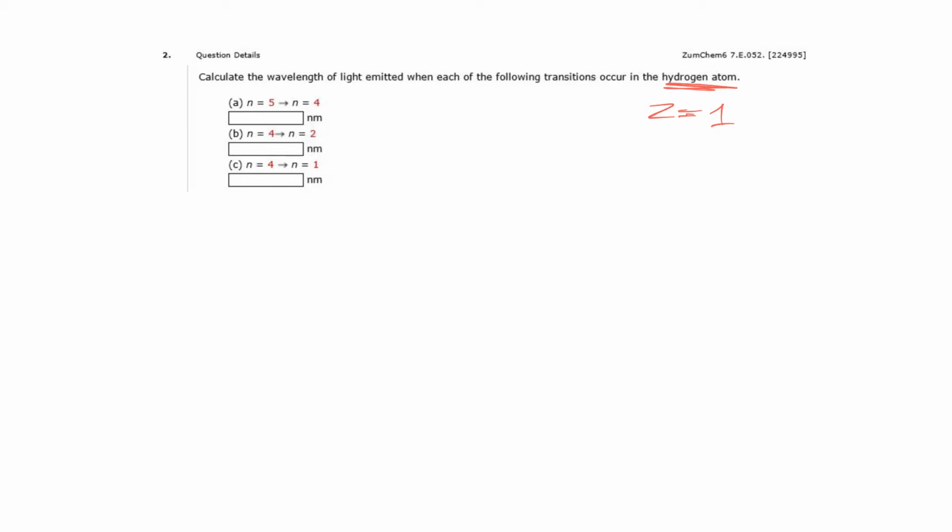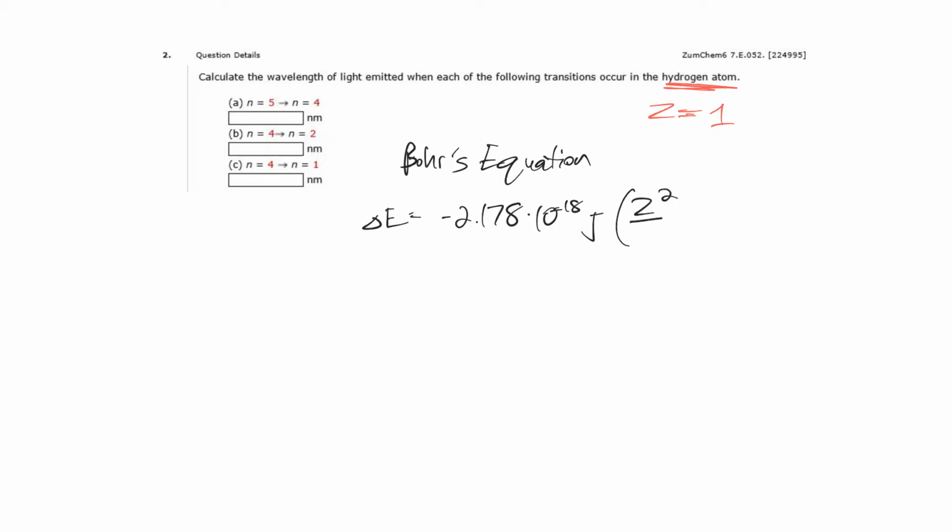When we go to use Bohr's equation, the one that relates two energy levels, we'll apply the equation as written like this. Z being the nuclear charge, N being the principal energy level, the final one, and then Z squared over N final squared, and then minus Z squared over N initial squared.